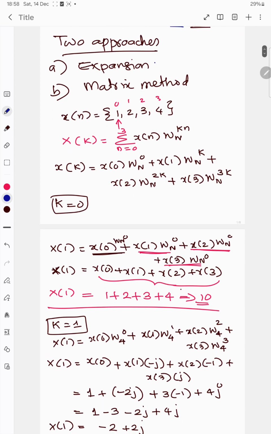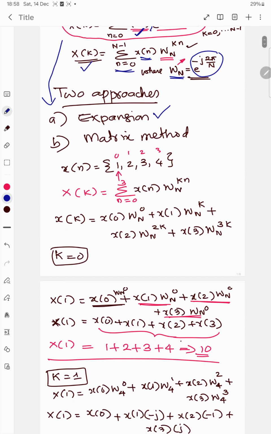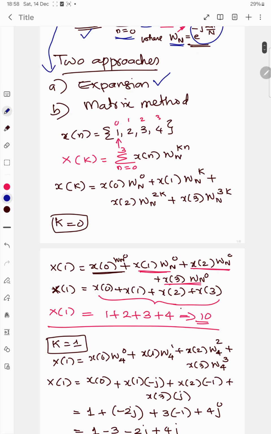One method is the expansion method from the fundamental principle, and the second method is the matrix method. It is a very easy method compared to the expansion method.